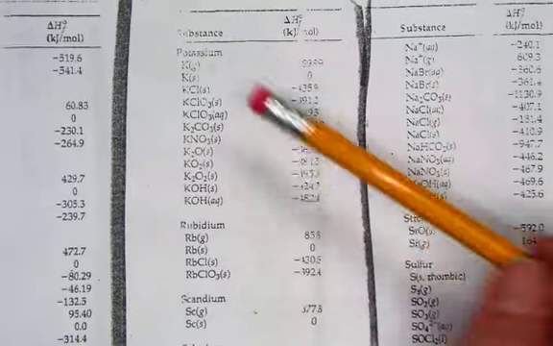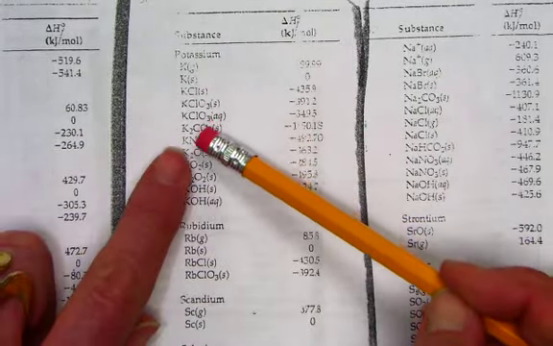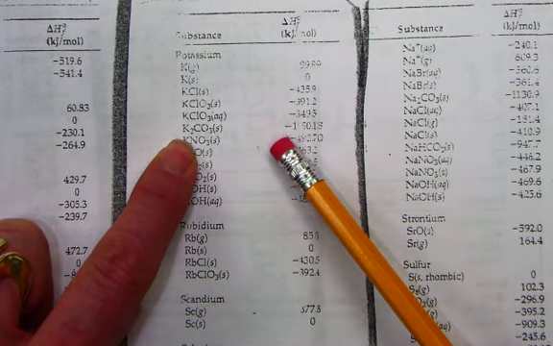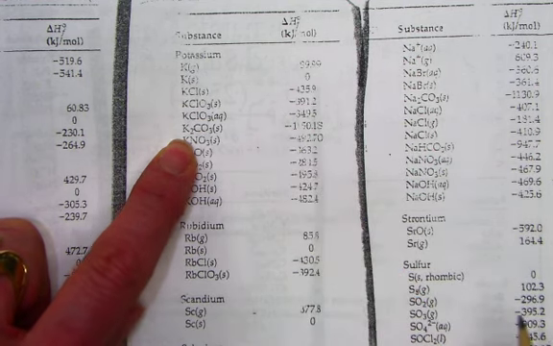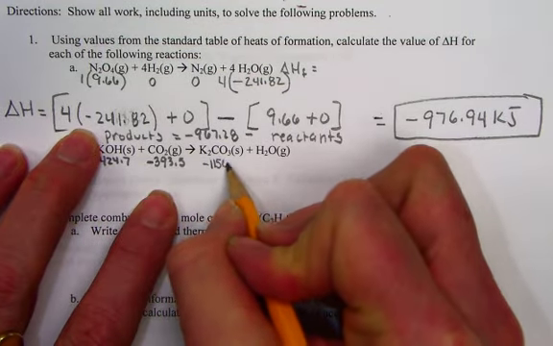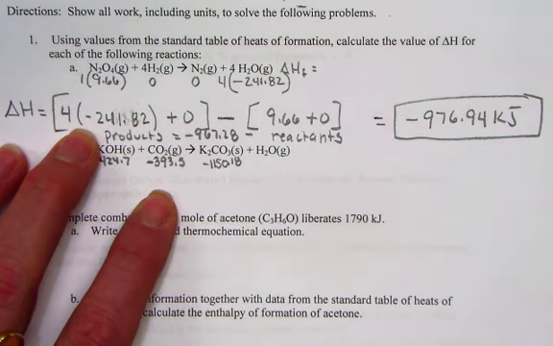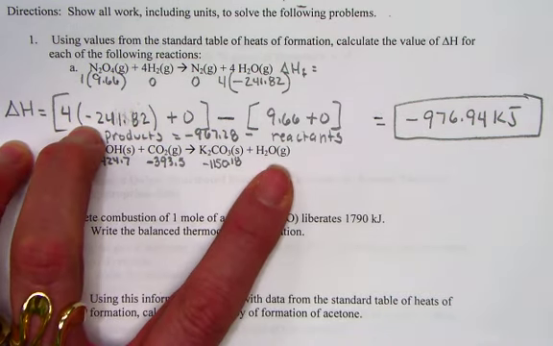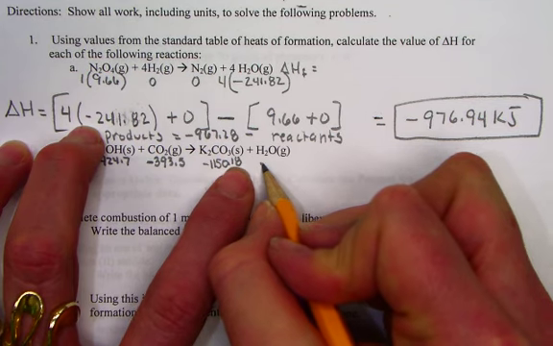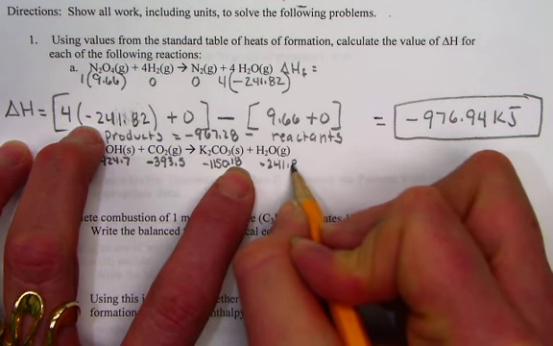K2CO3 in a solid form. Middle column, negative 1150.18. Hard to read. Negative 1150.18. And 1 more unit of gaseous water. Gaseous water we looked up just a moment ago, so I'll grab it from the previous problem. Negative 241.82.